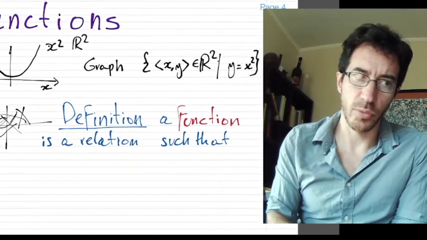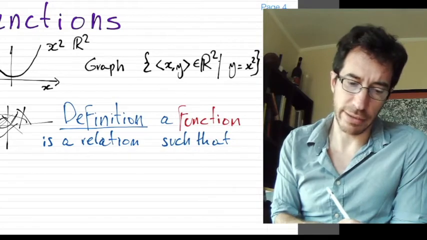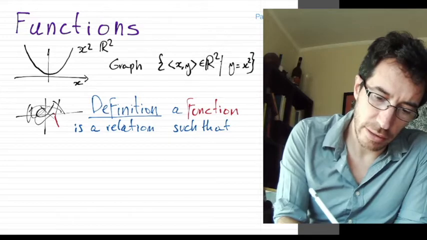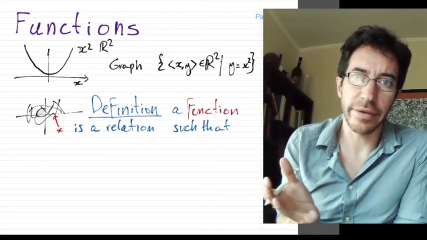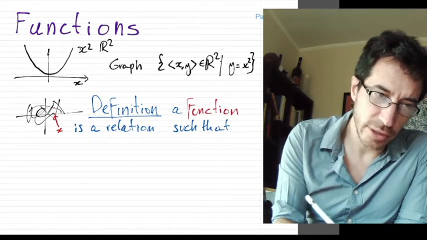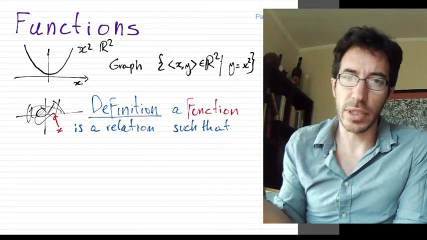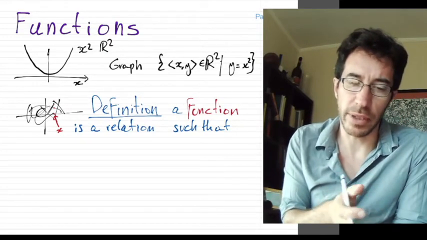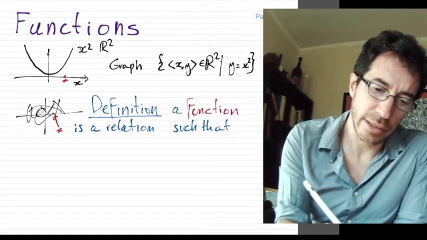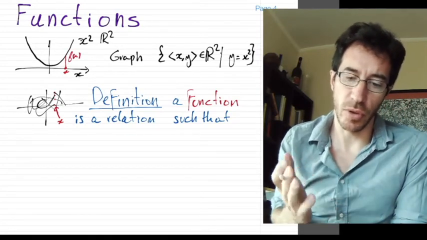What's wrong with this relation right here that doesn't look like the graph of a function? What's wrong with this one is that if we take an element here, let's say x, and we want to know what's the value of x, well, there are a bunch of points here. Which one is the value of f of x, right? So that's the problem with that one. There is no unique possible value for f of x. While in this one, if you put x, we know this one is the value of f of x, right?